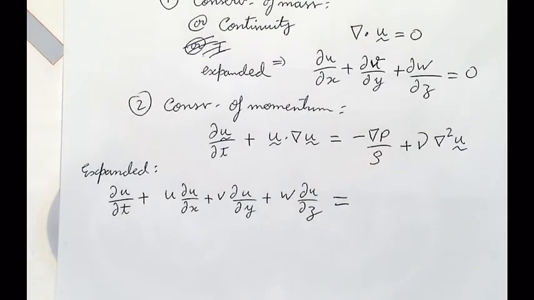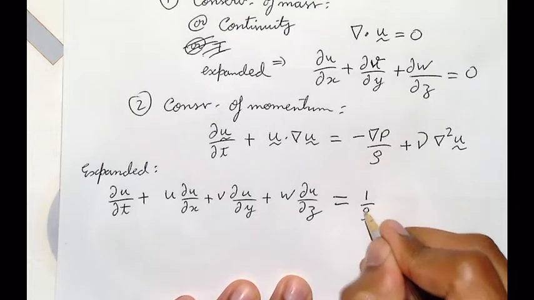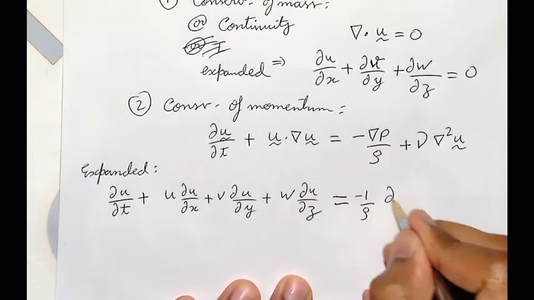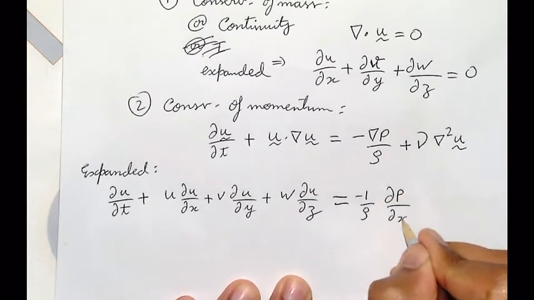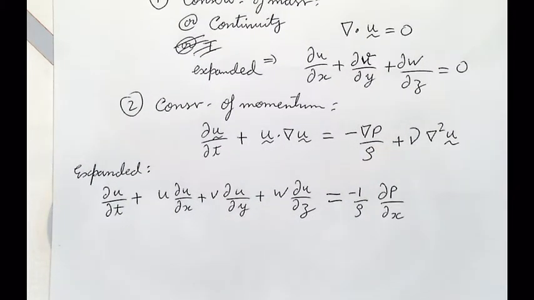Minus 1 over rho partial p over partial x. Why is there nothing else in here? Because in the x direction, gradients in y and z are 0. All right, yeah.